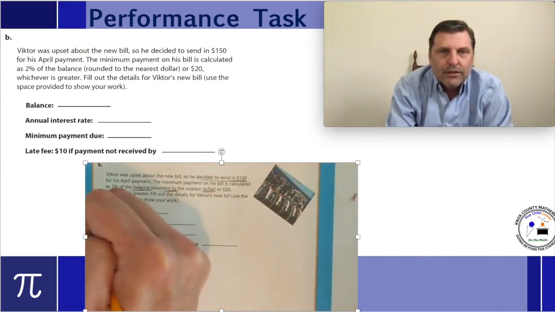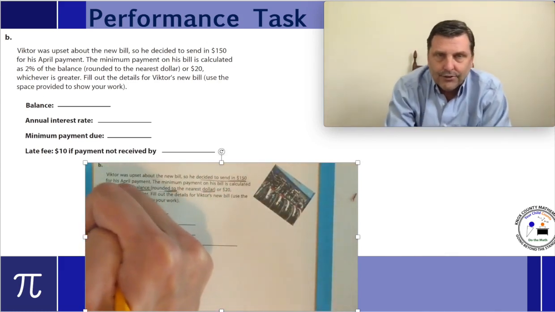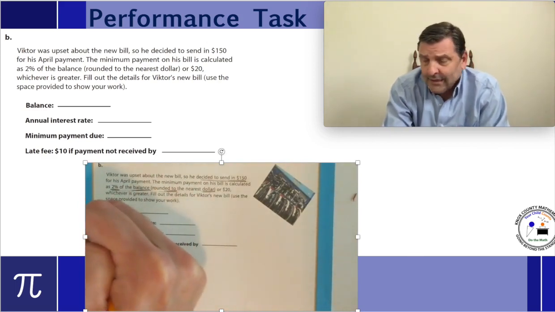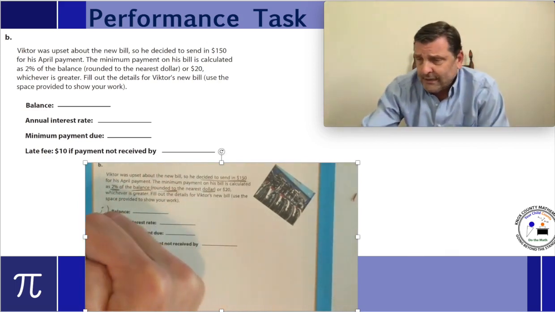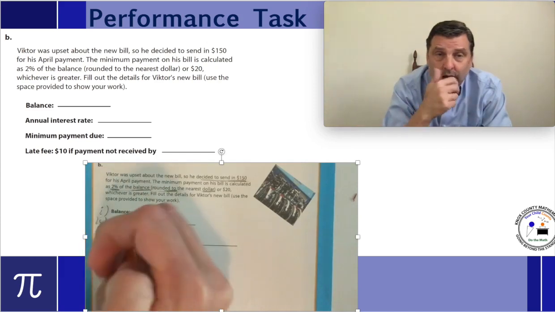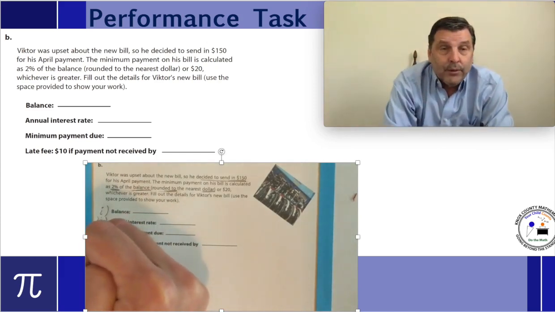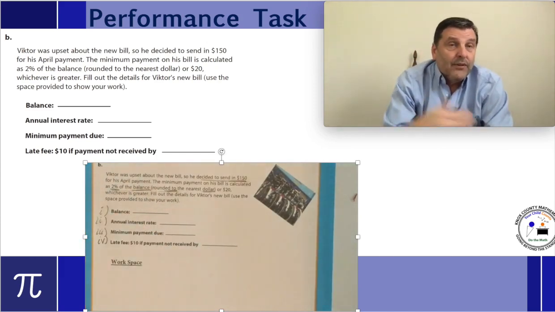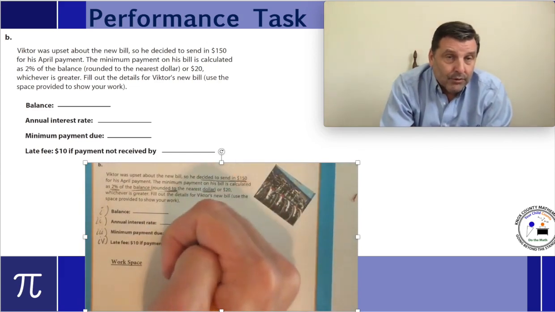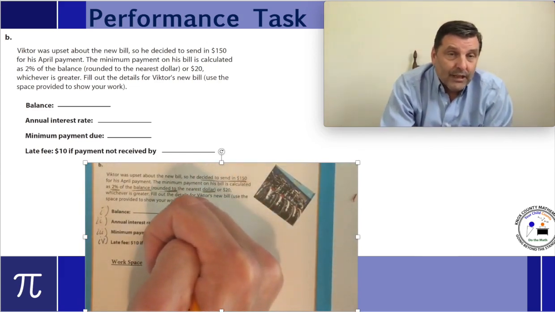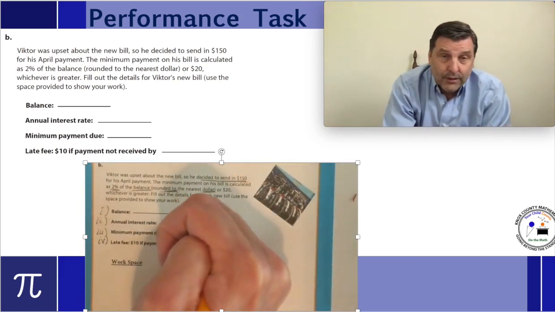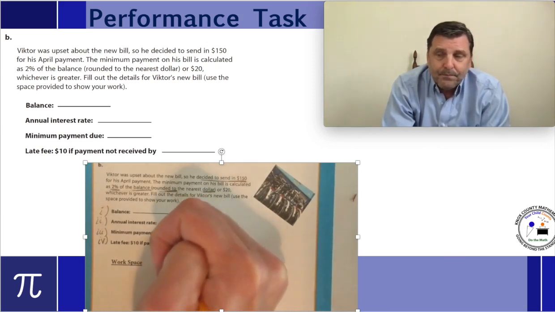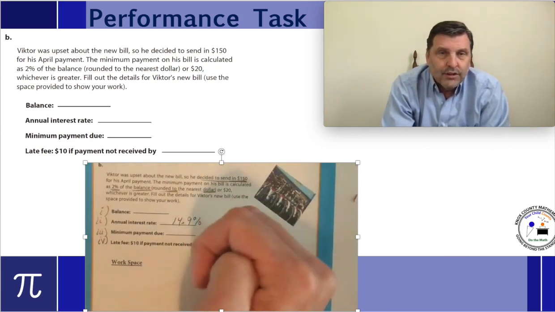Let's start with the part that we already know how to do. Easy. The interest rate. That hasn't changed. The interest rate is still going to be 14.9%. So if I look at that as four separate problems, we can work on the second one easily. The interest rate is just going to be 14.9% still, just like it was before.